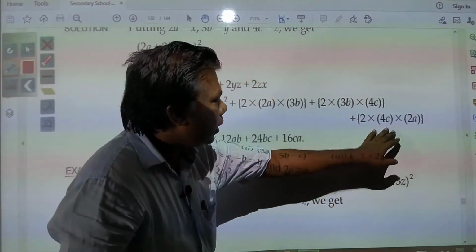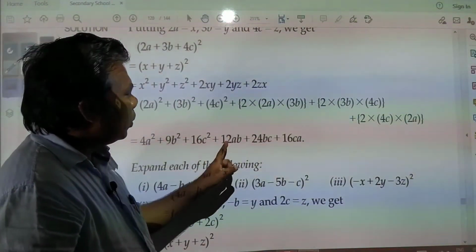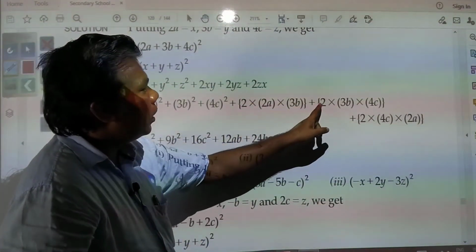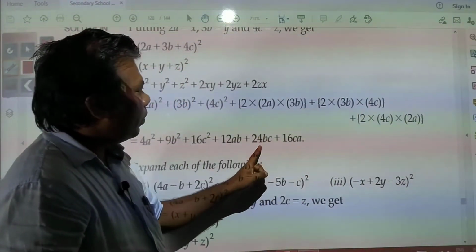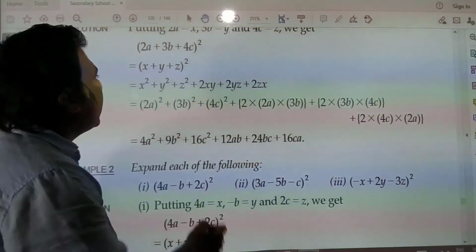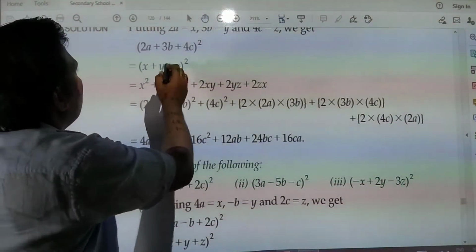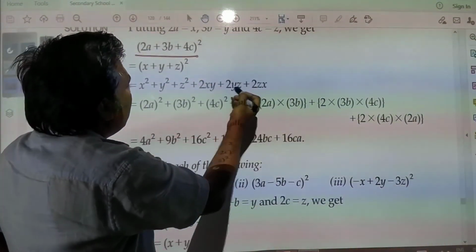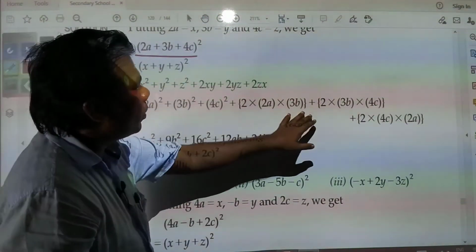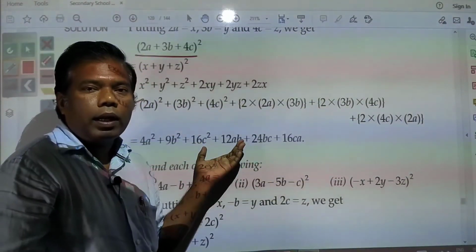Finally you will get 4a square plus 9b square plus 16c square plus 2 into 2 into 3, that is 12ab, plus 2 into 3 into 4, that is 24bc, plus 2 into 4 into 2, that is 16ca. Or you can directly put the formula and simplify, no need to write these intermediate steps. If you remember the formula, you can directly write the answer.